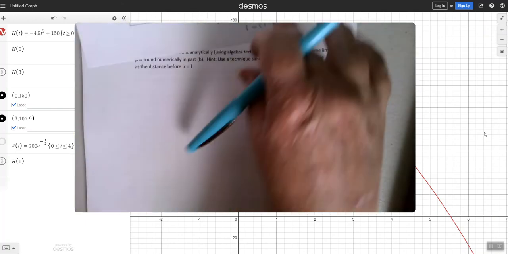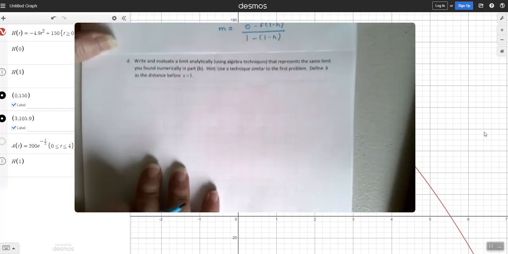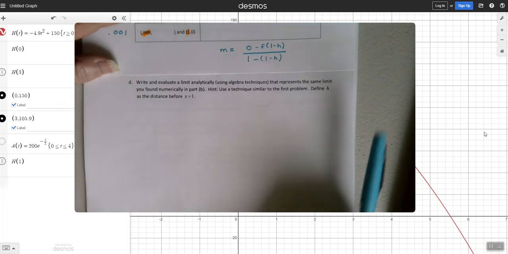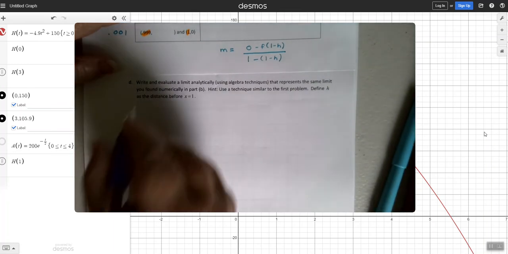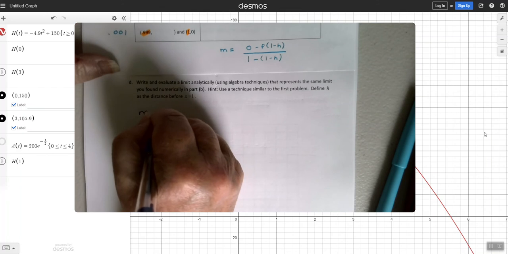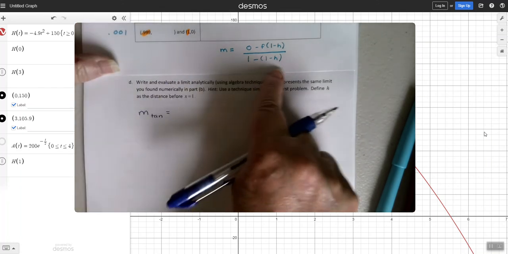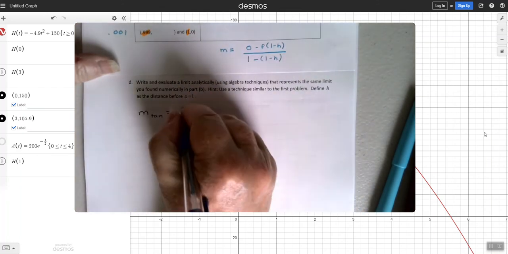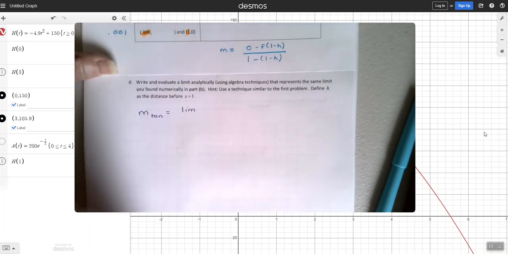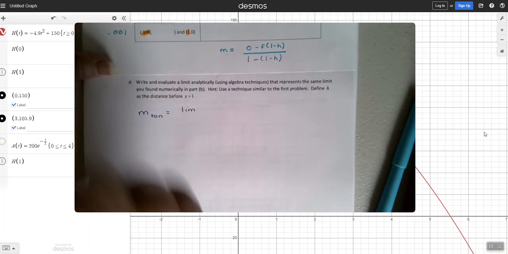So coming over to this next page, if I'm going to write and evaluate a limit, I'm going to say the slope of the tangent line would be the limit of this as the h values are approaching 0.